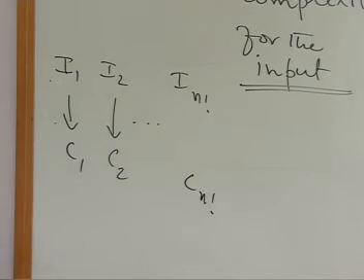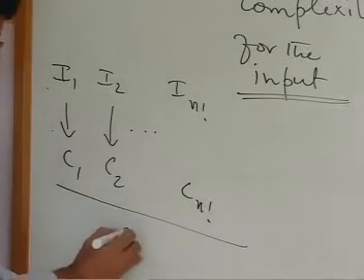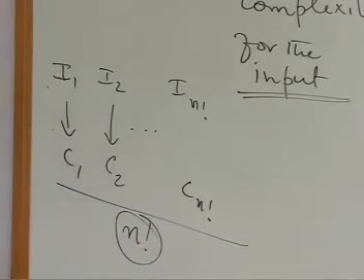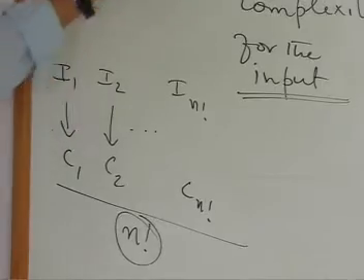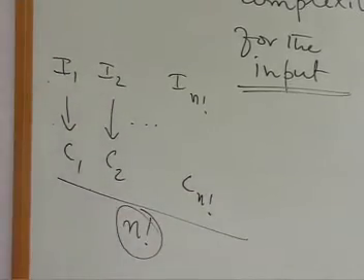What is the average? Add all of these and divide by factorial n. Each one is a sum of this, and you have to add all of them and divide by factorial n.